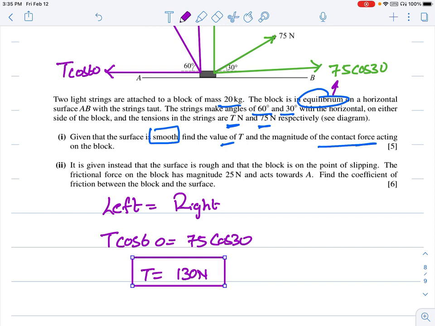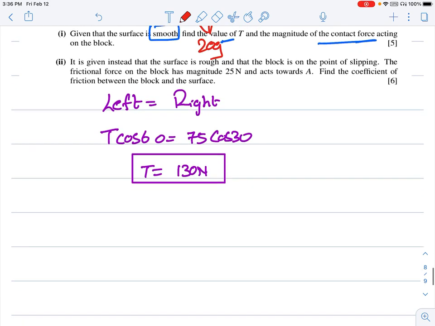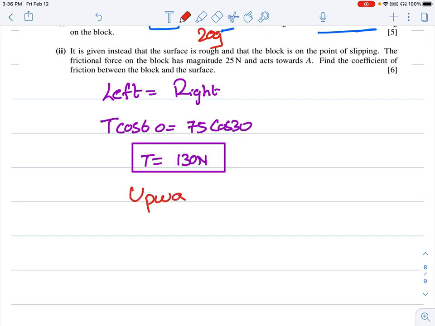That is T. Now I need to know the magnitude of the contact force. What is the meaning of contact force? There will be a contact force R which is acting upwards. That value is being asked. It is being balanced by its weight. Weight is 20 G. So upward force is equal to downward force because they are in equilibrium.